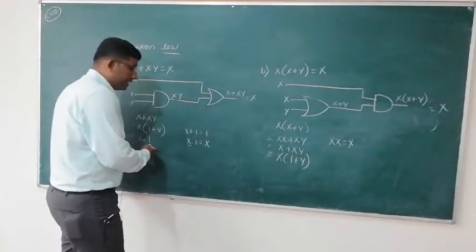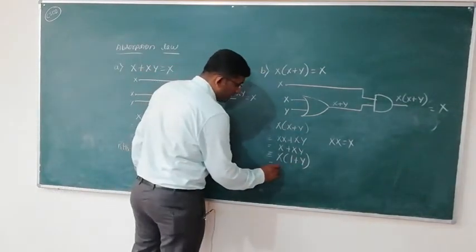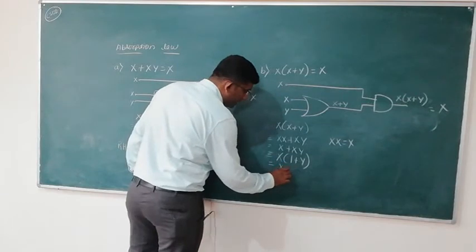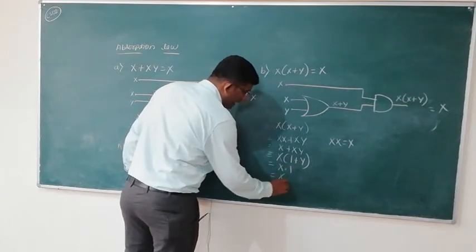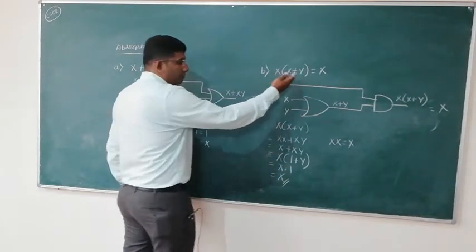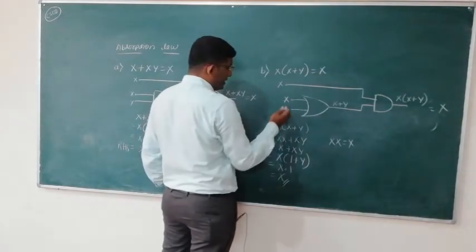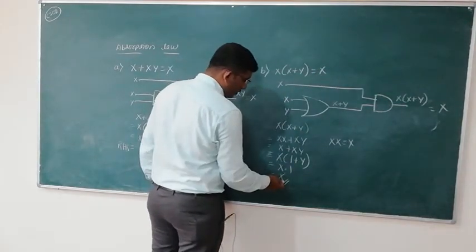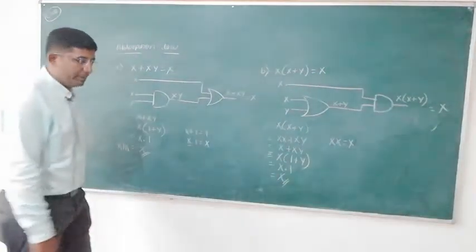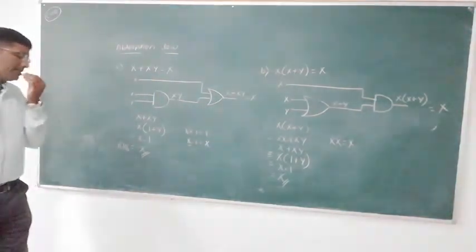As we discussed here, the same operations have to be carried out, that is x into 1 which is equal to x, which is the RHS. X plus xy is also equal to x. It has been proved with the help of the simplification.